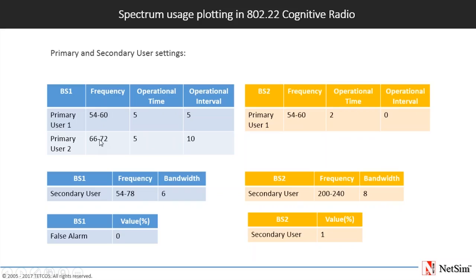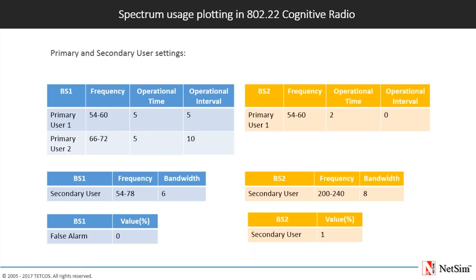In the second case, it'll run from 5 to 10, then from 15 to 20, then from 25 to 30 and so on. And the first primary user comes on in frequency 54 to 60, and the second primary user comes on in the frequency 66 to 72. Whereas in the second one, the primary user is in frequency 54 to 60, whereas the secondary user is in the frequency 200 to 240.